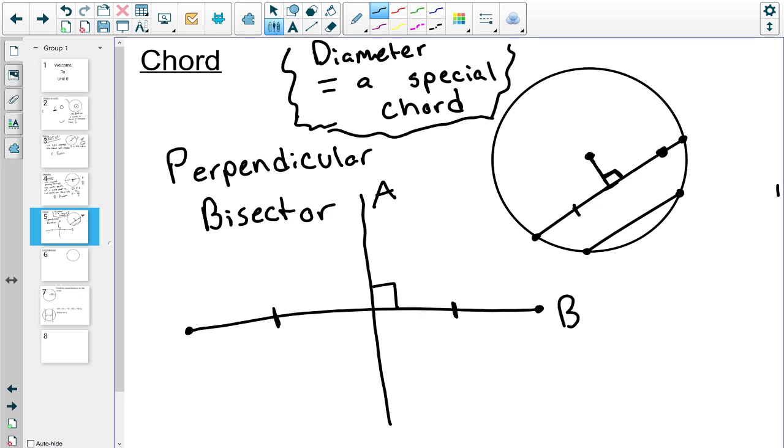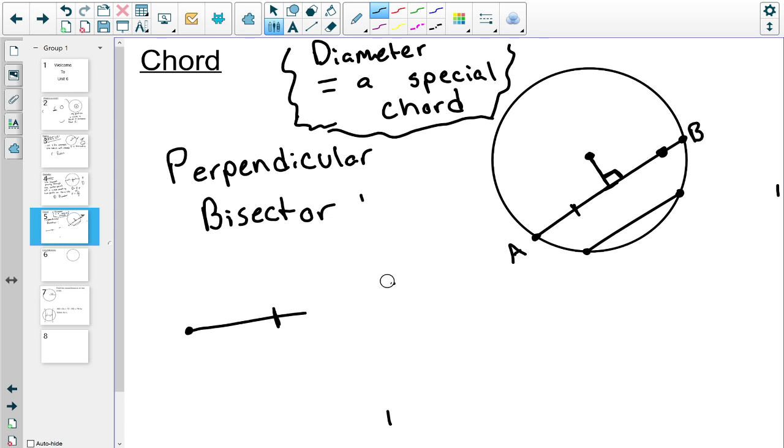So in this case, we have these points as A and B. We'll erase this one to stop any confusion. So if we had this chord labeled AB, the two sides created would come down to a 90-degree angle, and for the two parts created, we'll call this point in the middle C. We would know that AC is equal to CB.